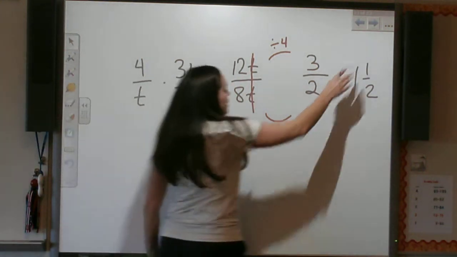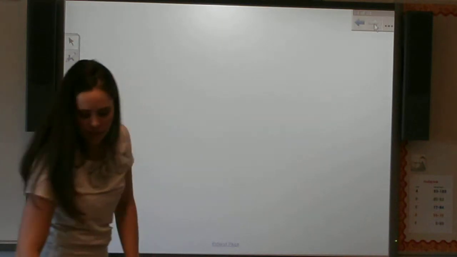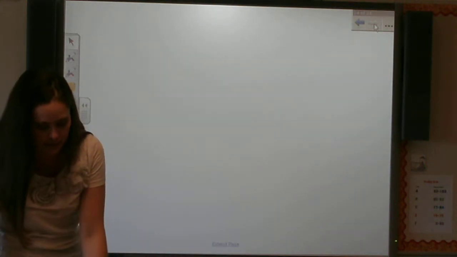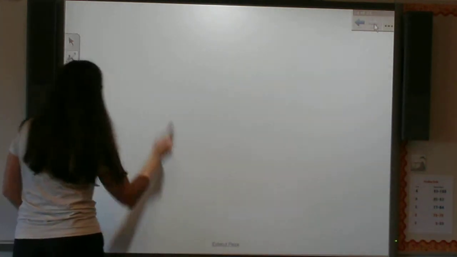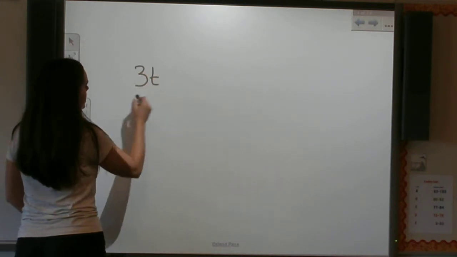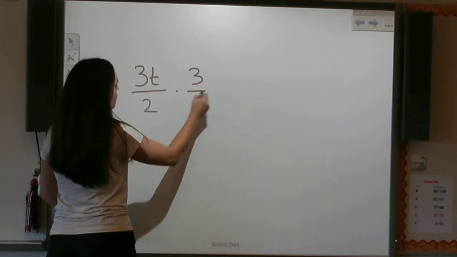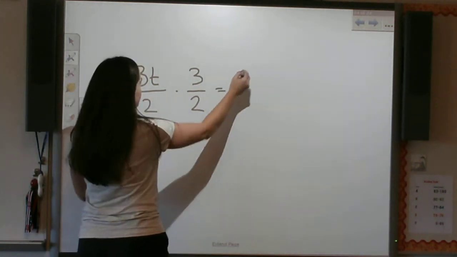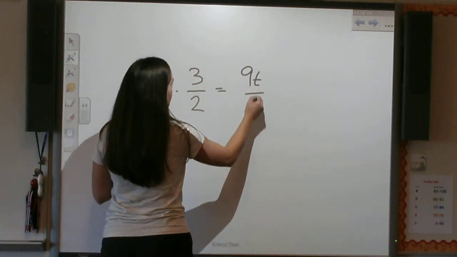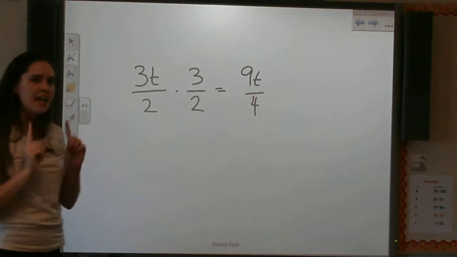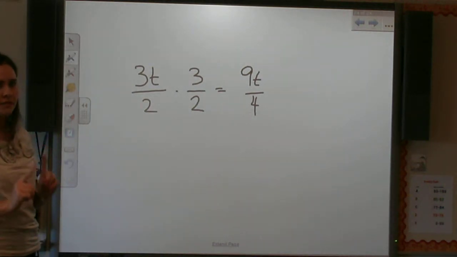But do keep in mind that if we had 3t over 2 times 3 over 2 to give us 9t over 4, we cannot turn this into a mixed number.